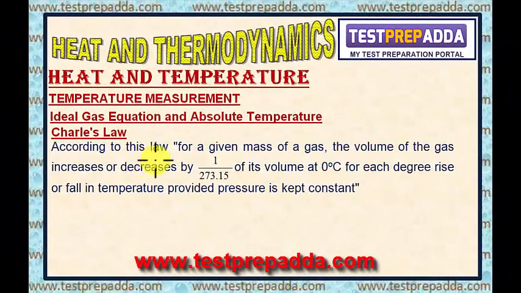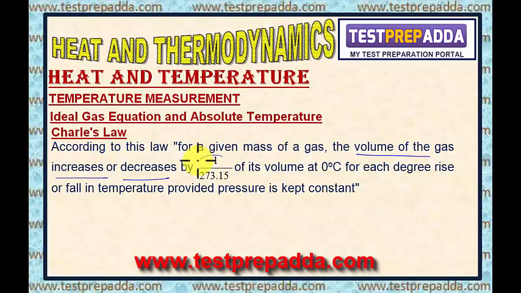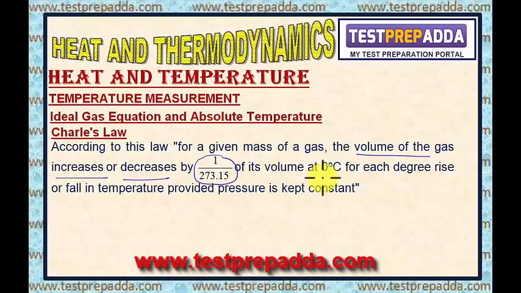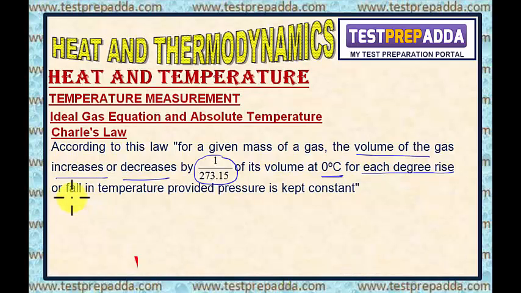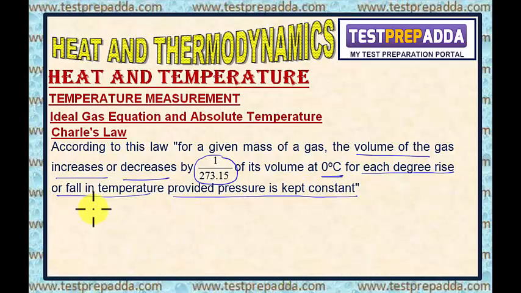Dear students, according to Charles' law, for a given mass of a gas, the volume of the gas increases or decreases by 1 upon 273.15 of its volume at 0 degrees Celsius for each degree rise or fall in temperature, provided pressure is kept constant. Means at 0 degrees Celsius, I say volume as V naught.